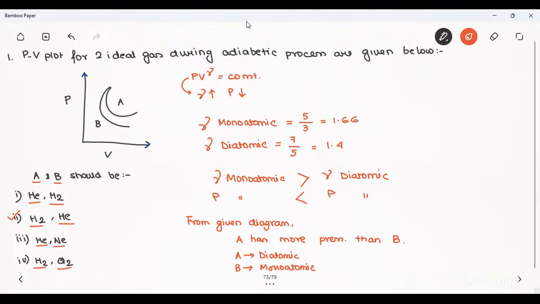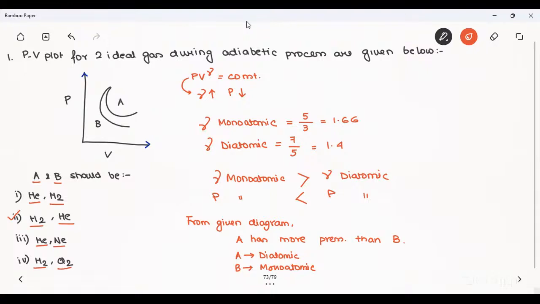And you already told me from this equation, I can conclude that if gamma is more, pressure will be less, right? Here, this gamma is more than that gamma. So, this pressure will be less than this pressure. Is this now clear?